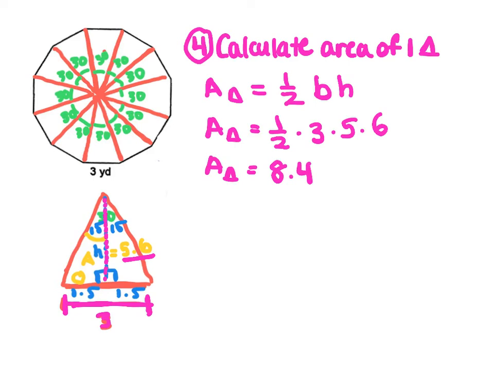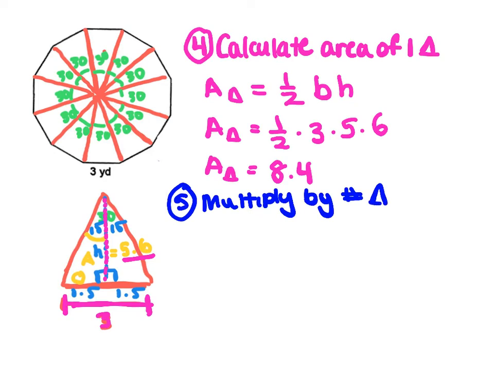And now the final part of our calculation is you're going to multiply by the number of triangles. So the area of the total for the whole polygon equals the number of triangles times the area of one triangle.